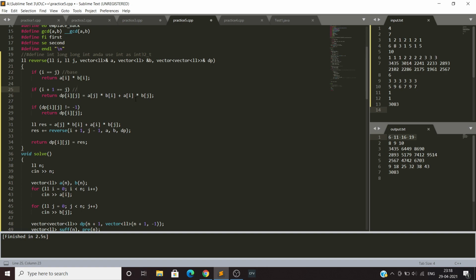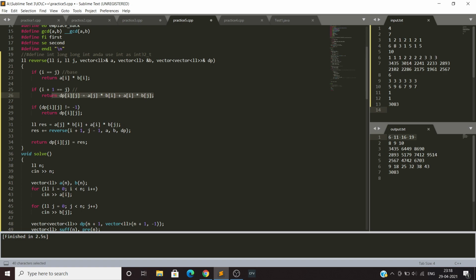Then we multiply a of j with b of i, and the first element of a with the second element of b. For every other index we can calculate it recursively.